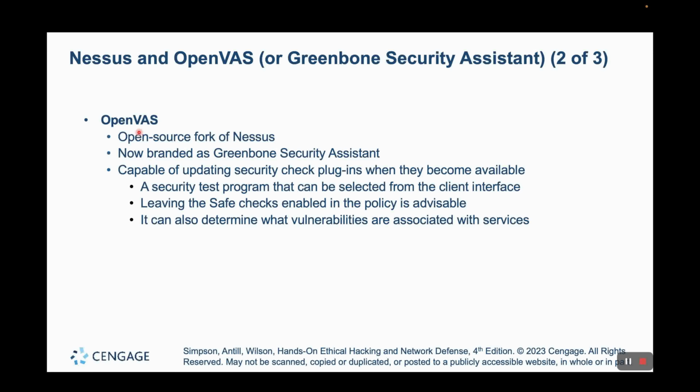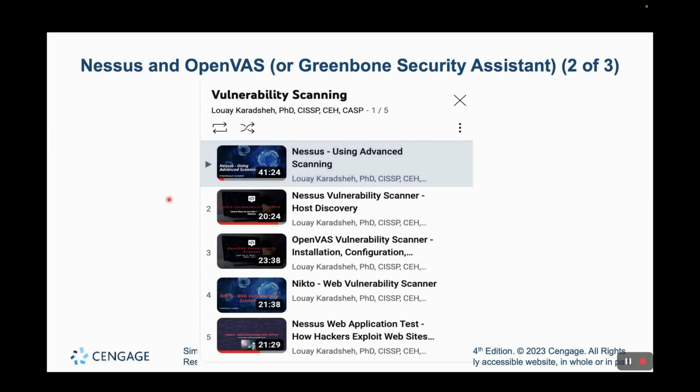Here we have OpenVAS, now branded as Greenbone Security Assistant, capable of updating security check plugins when they become available. So that's one option. You could learn about it. Now, if you look into my YouTube channel under the vulnerability scanning playlist, you will find many videos related to the topics I just discussed.